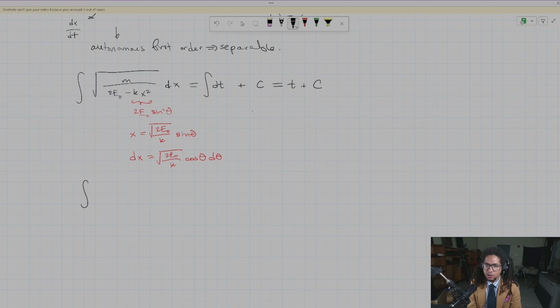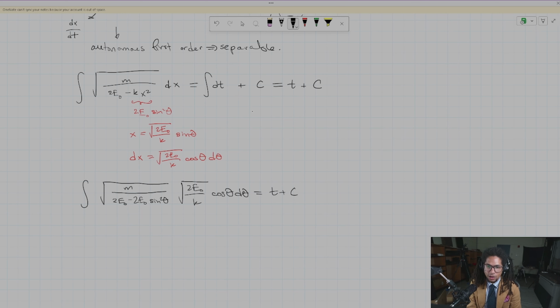So after I do that substitution, I'm going to get root m over 2E naught minus 2E naught times sine squared theta, that was by construction, times root 2E naught over k cos theta d theta is equal to t plus c.